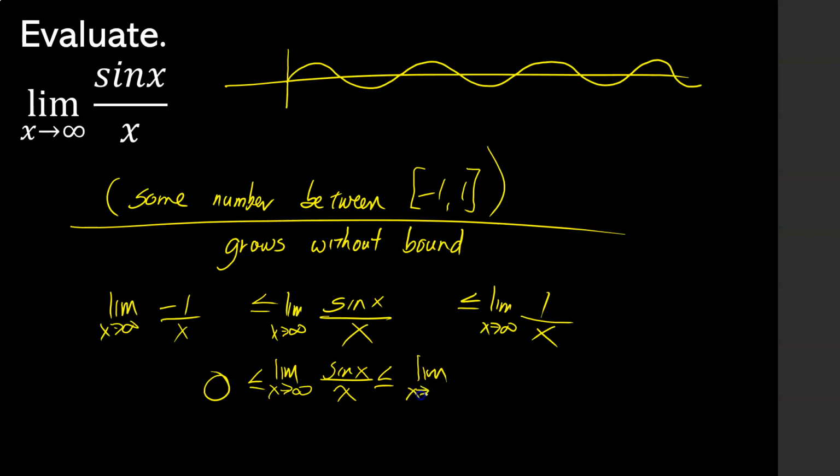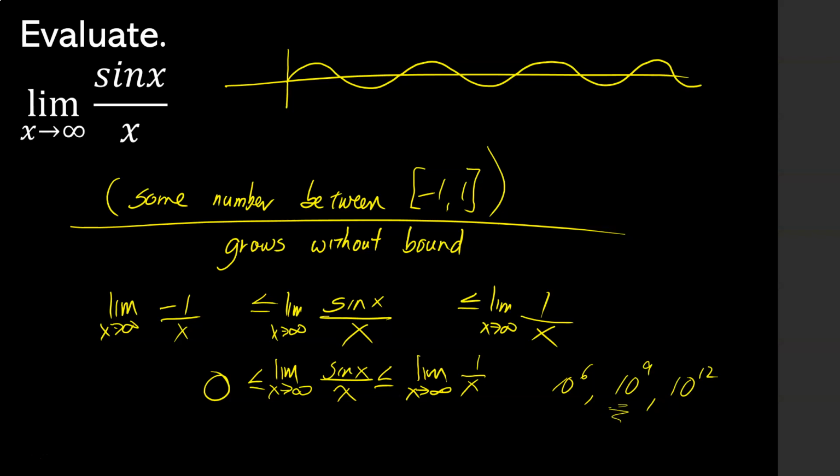Now, some of you know what's going to happen over here for the limit as x approaches infinity of 1 over x. Let's think through that. Let's use a million, a billion, and then a trillion, and see if we can find a pattern. 1 divided by a million is 0.000001. 1 divided by a billion is 0.000000001.